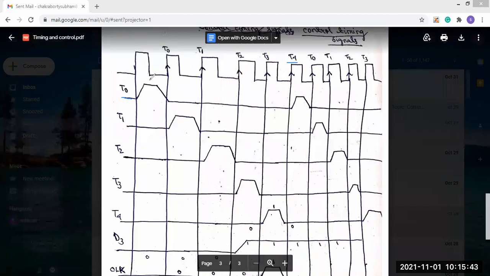In T0 time, the T0 timing signal is up. That's why it is mentioned like this: at the T0 clock pulse, the T0 timing signal is active. And in every other case, it is down.